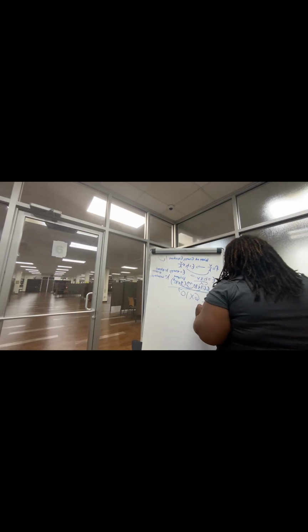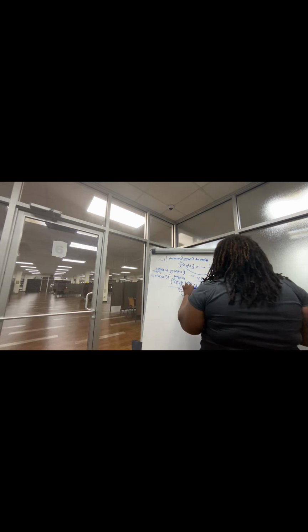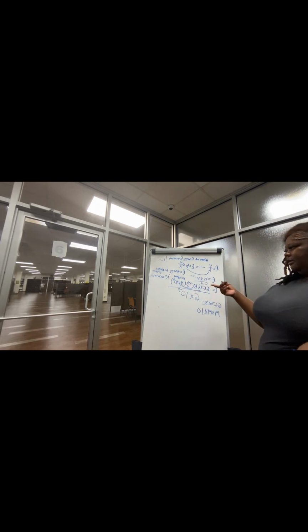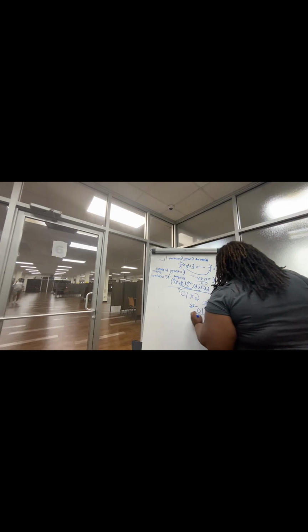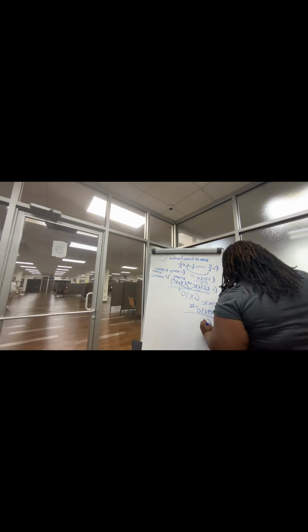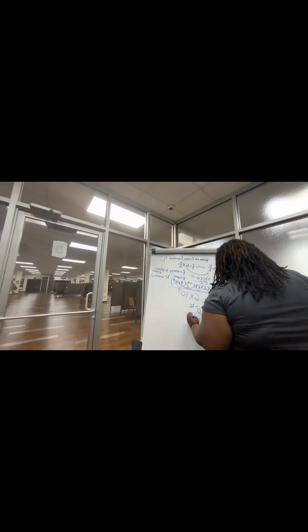So we know we keep the 10s and just add the exponents. So that would be 10 to the negative 26 power over 6 times 10 to the negative 7 power.